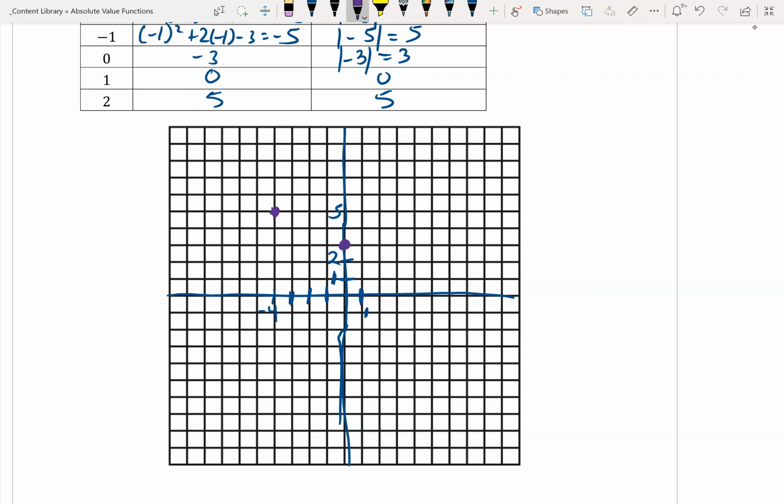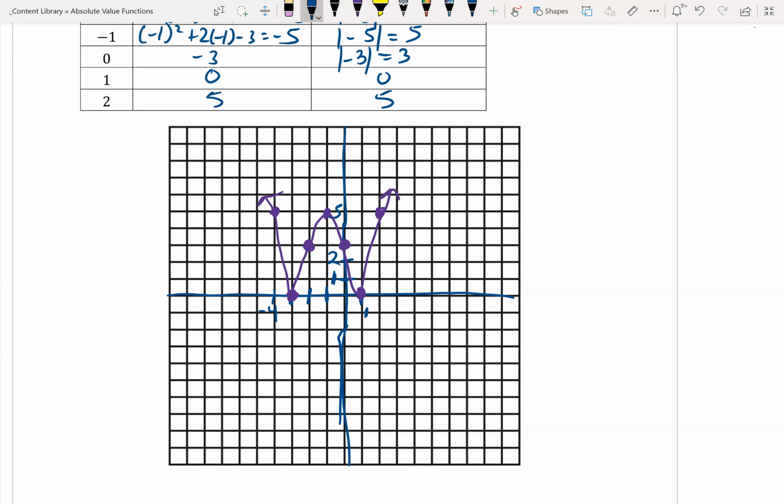We have a point at (-3, 0), (-2, 3), (-1, 5), (1, 0), and (2, 5). I'm going to connect these points from left to right, and then extend on each side. So this is what our graph looks like.